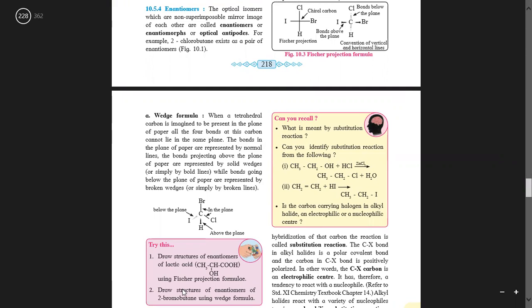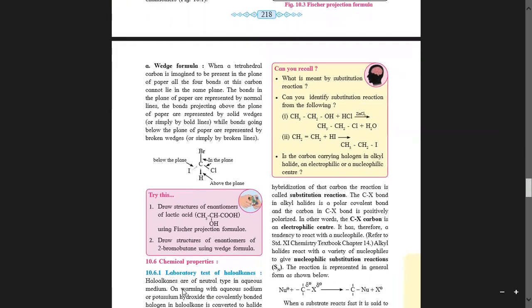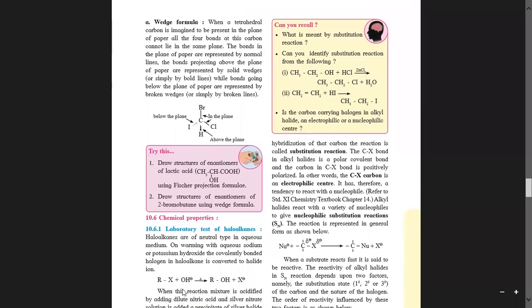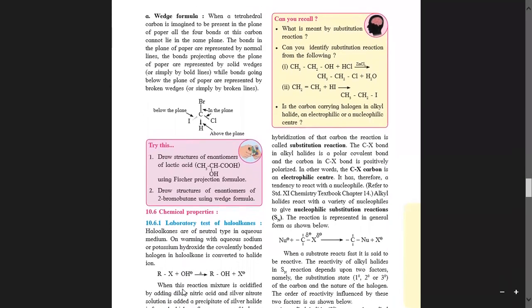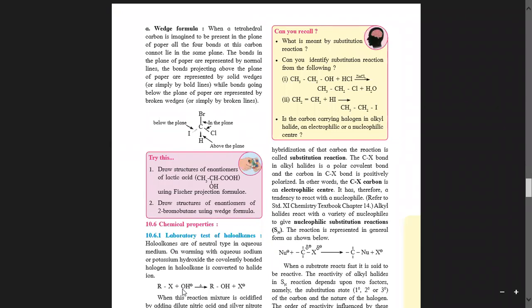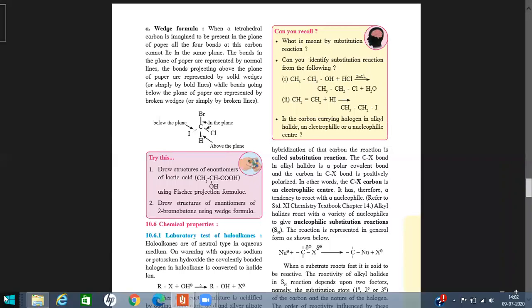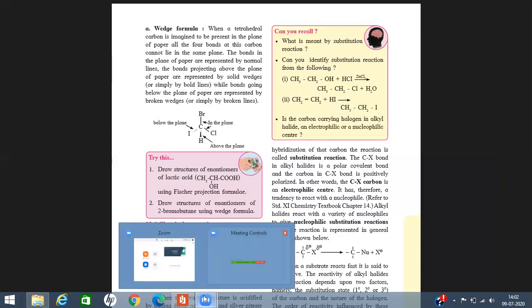Simply, this bold line indicates above the plane, this dotted line indicates below the plane, and the normal line indicates in the same plane. So that is about the optical activity property and how to draw the wedge formula and the Fischer projection formula.